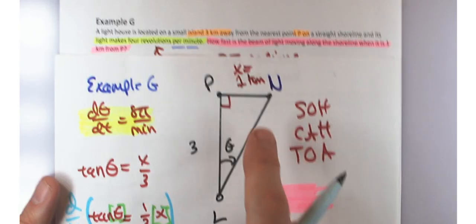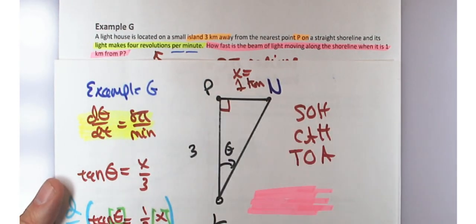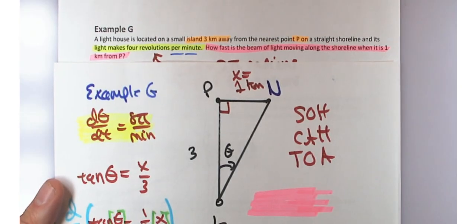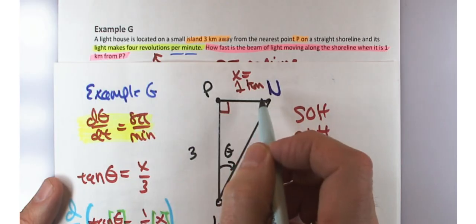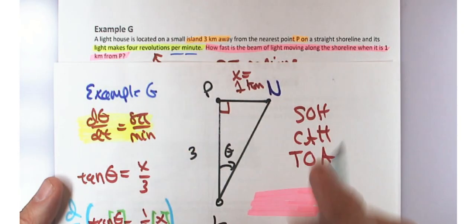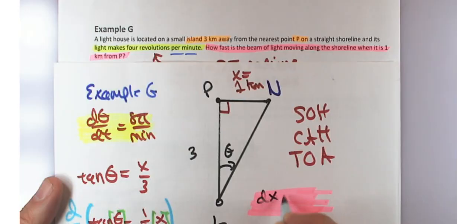No, not the second derivative. dx by dt. It's how fast this is changing with respect to time. So how fast is it moving? So your dx by dt is unknown. That's what we're looking for there. So good to know.